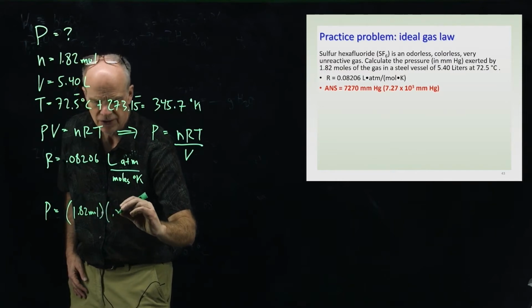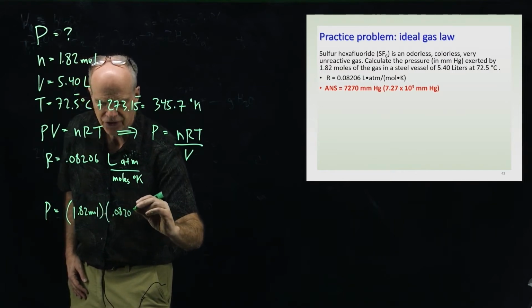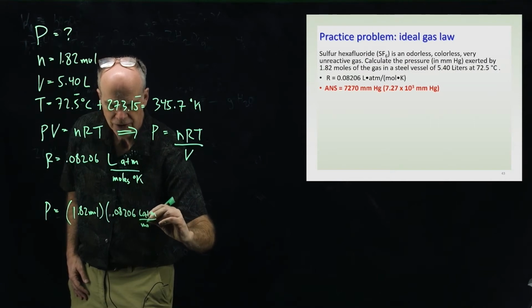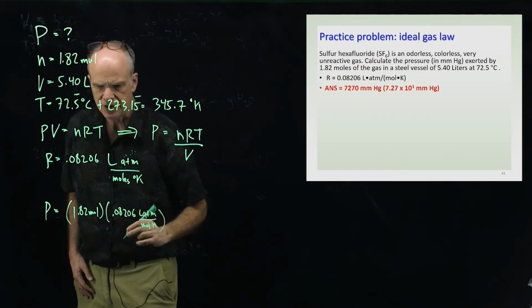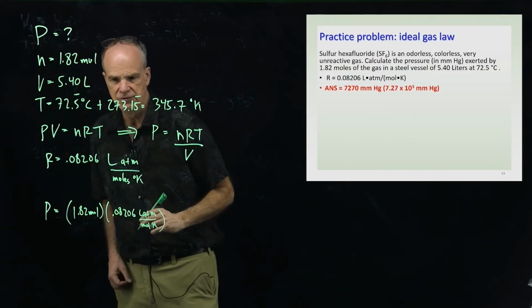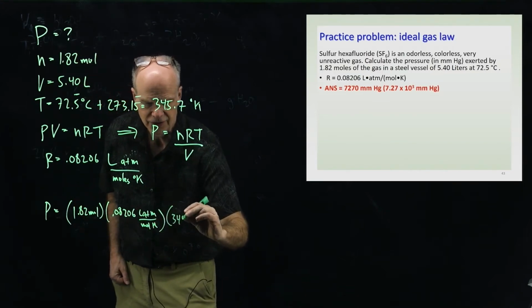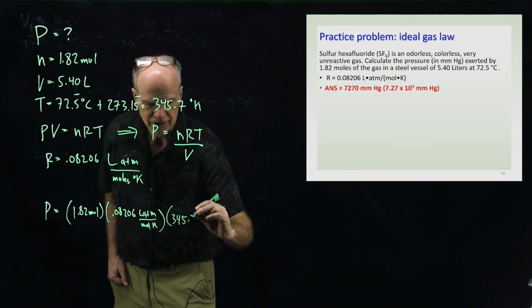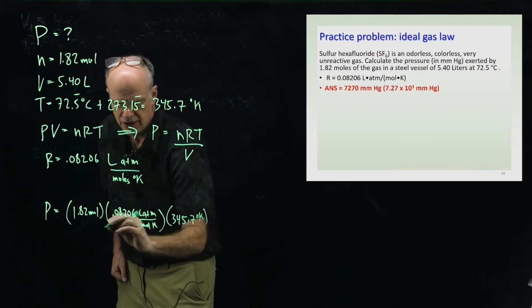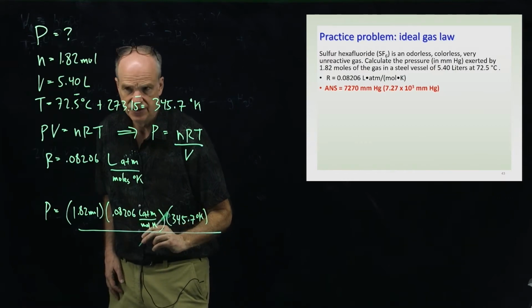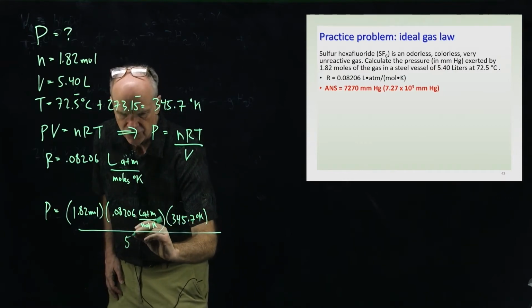R is 0.08206 liters atmospheres over moles degrees Kelvin. The next thing we need is T, which is 345.7 degrees Kelvin. And finally we have the volume, which is 5.40 liters.